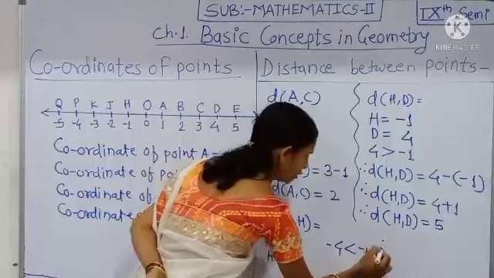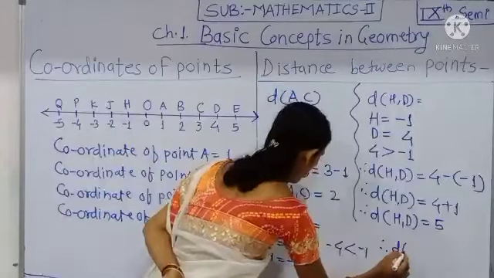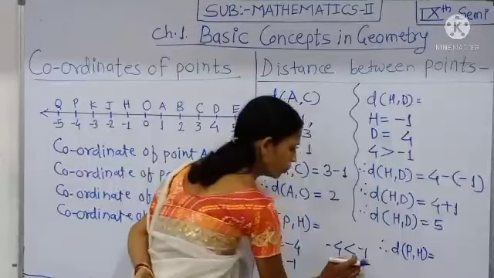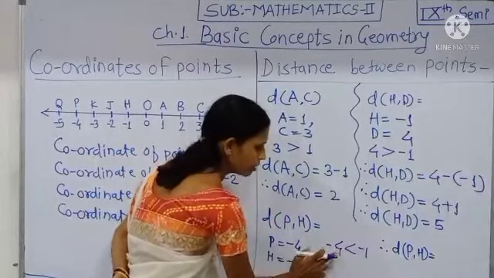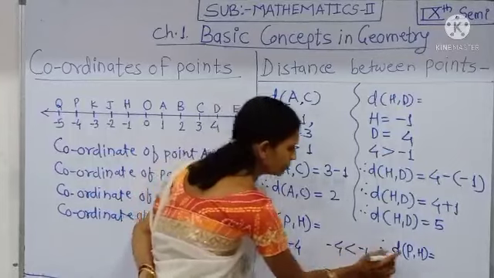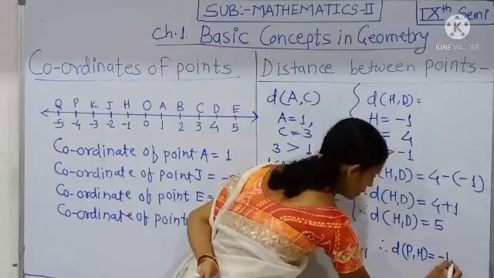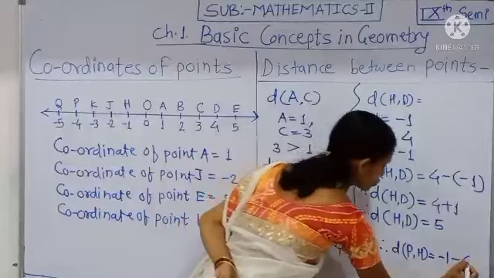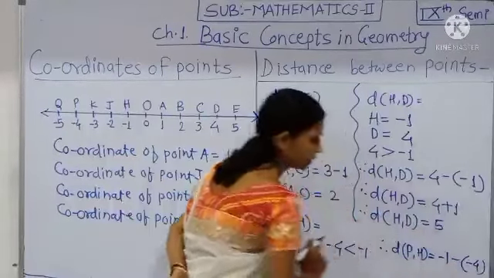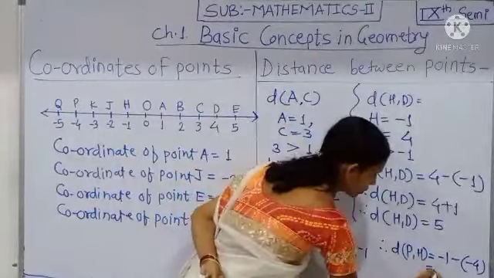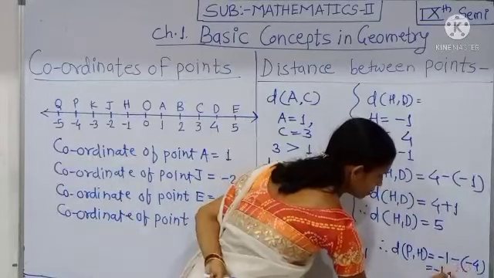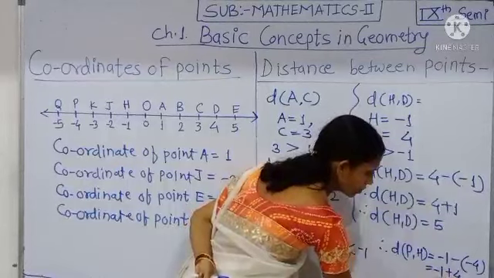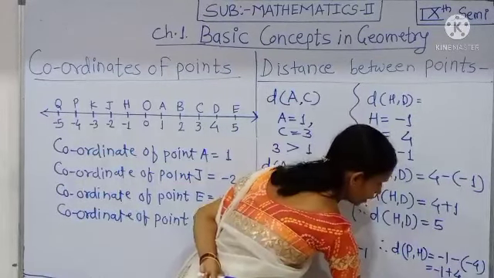Therefore, for the distance between P and H, we have to subtract the smaller number from the bigger number. Therefore -1 minus -4 has to be computed, so -1 plus 4, that is 3.